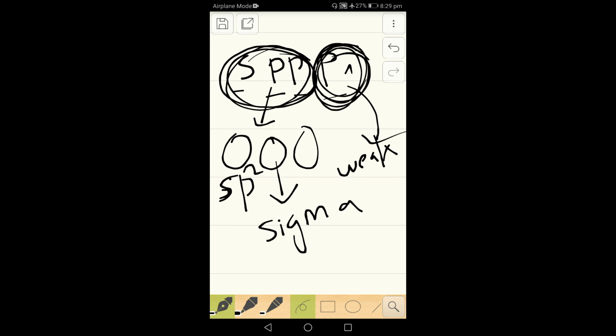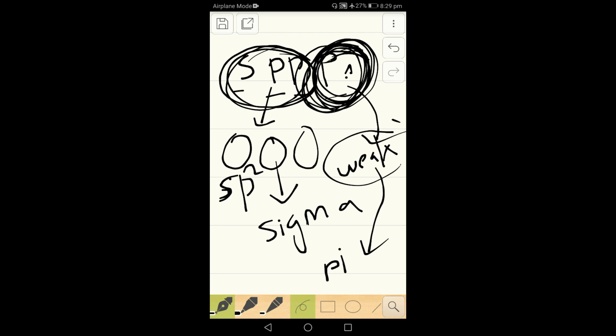So the electron in this unhybridized orbital will have a high kinetic energy, and the bond formed by this p orbital will be weak. When unhybridized orbitals form a bond, we call it a pi bond.